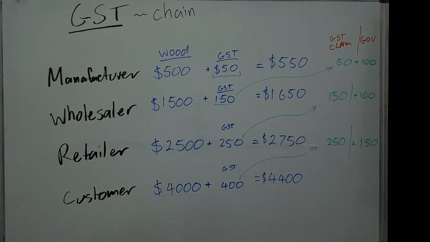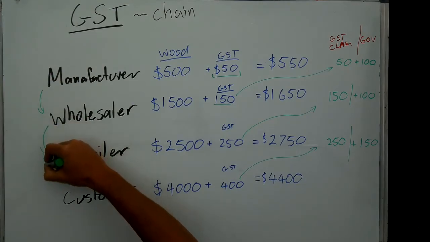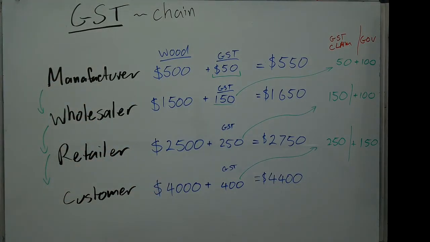And finally, the customers bought the stuff. So along the way, the government has collected all this money, $350, and also each person along the chain has made some profit.